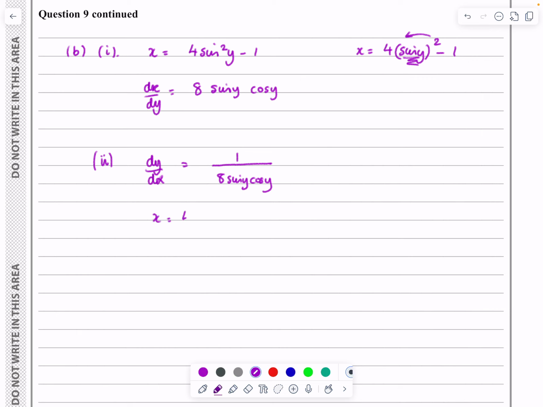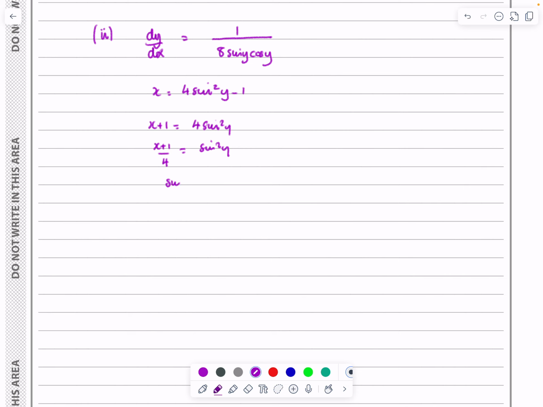x equals 4 sine squared y minus 1. So x plus 1 is equal to 4 sine squared y. So x plus 1 over 4 is equal to sine squared y. So sine y is the square root of x plus 1 over 4, which I'd probably actually write as root x plus 1, and then actually the square root of 4 is 2, isn't it?